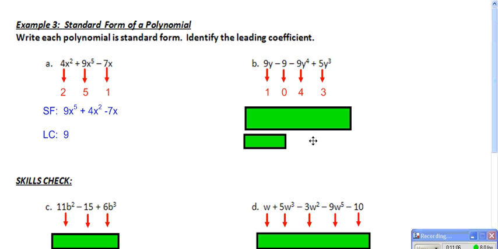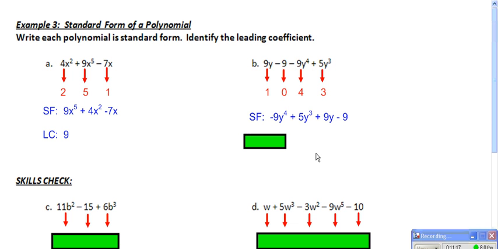Once you have that out, it's very easy to pull the terms out for standard form. This would obviously be written first. The biggest thing, again, make sure you carry the sign. So you should have a negative 9y to the 4th first, followed by positive 5y to the 3rd, positive 9y, followed by negative 9, or minus 9. Leading coefficient is negative 9.